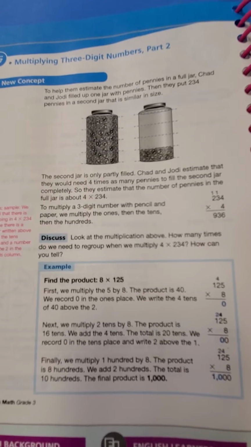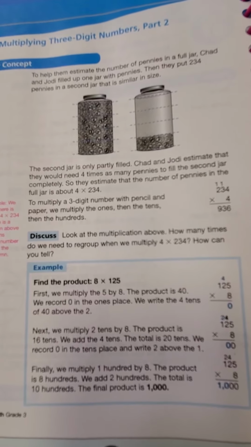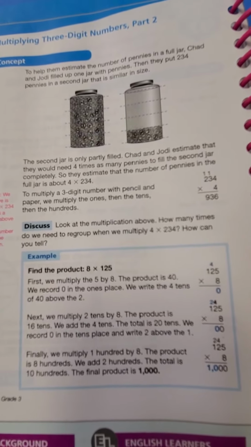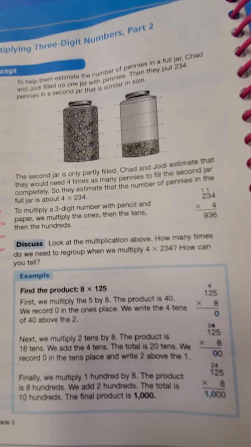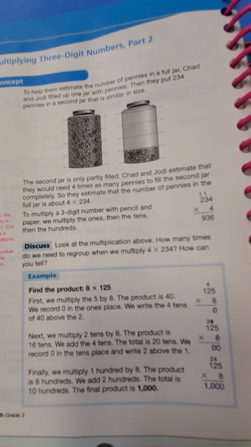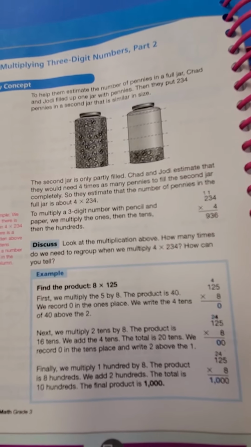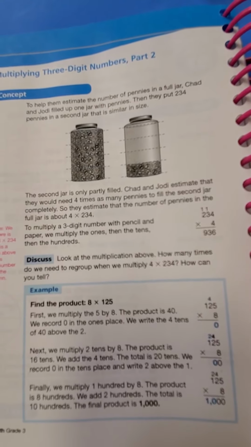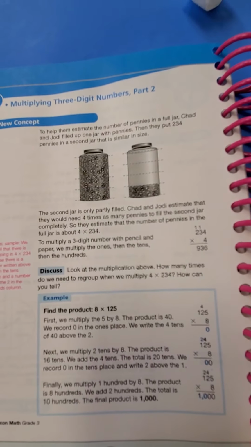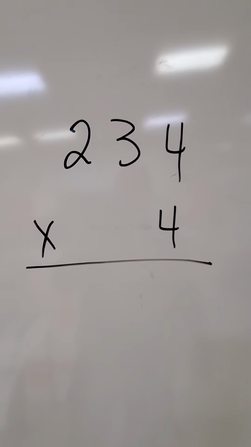The two students took 234 pennies, put them into a jar similar in size to the full one, and divided the jar into 4 equal parts. If they put 234 into 1/4 of that jar, the very bottom fourth, they can estimate the total number of pennies by doing a 3-digit multiplication problem.